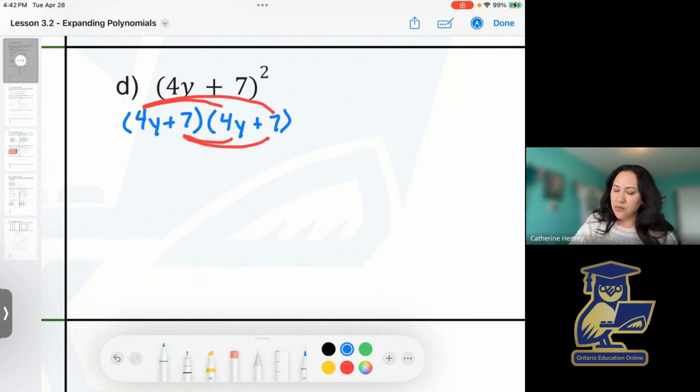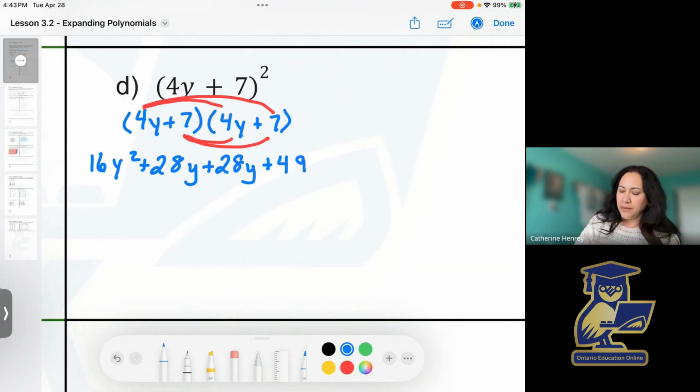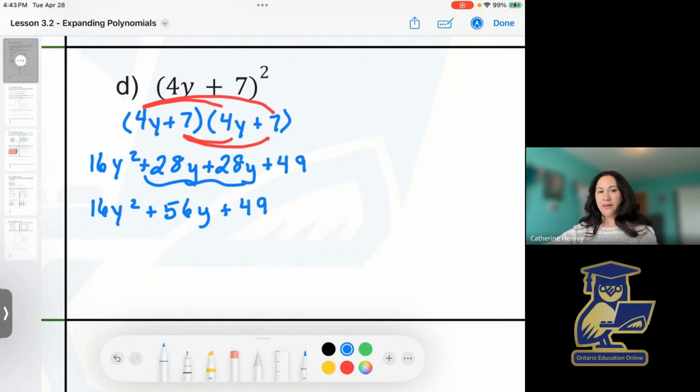So 4y times 4y is 16y squared. 4y times 7 is positive 28y. 7 times 4y is positive 28y. And 7 times 7 is 49. We simplify those middle terms. 16y squared plus 56y plus 49. And we're done with that one.